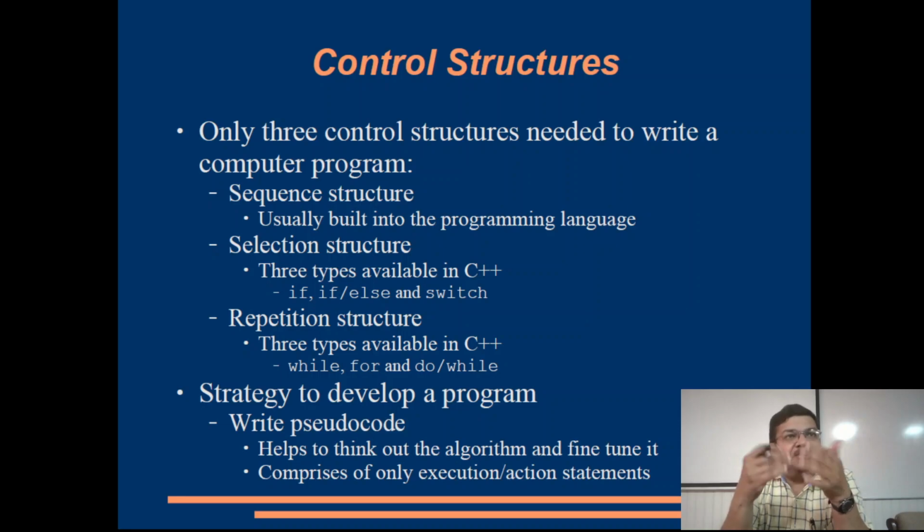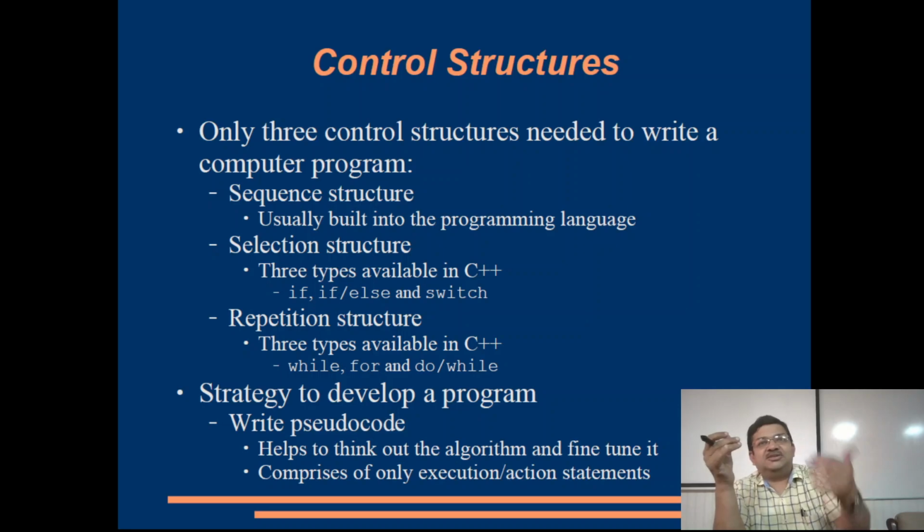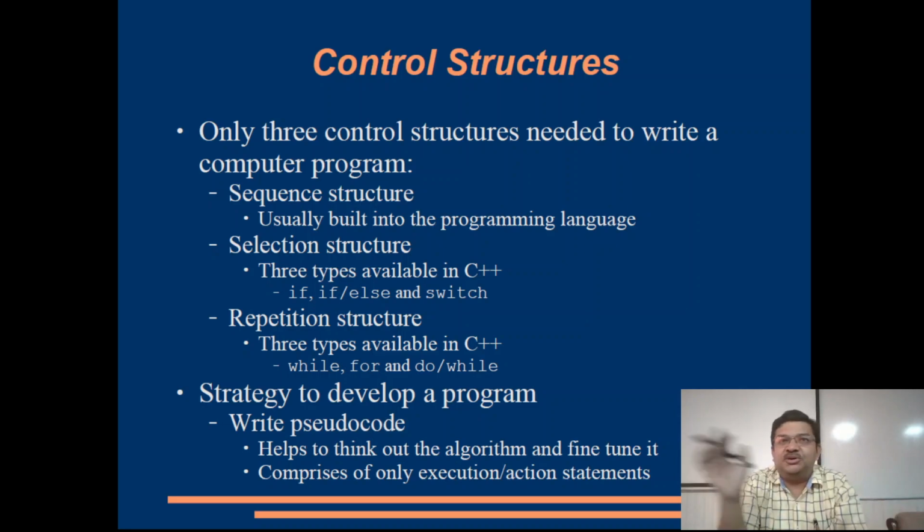The computer should know how to execute instructions in what order. So that sequence is natural. It comes from top to bottom, right? It starts from the master code, main, the first line of that master code, and then sequentially it goes one after the other, right? So that flow of instruction is natural. It is built into the code, so you don't have to worry about it.